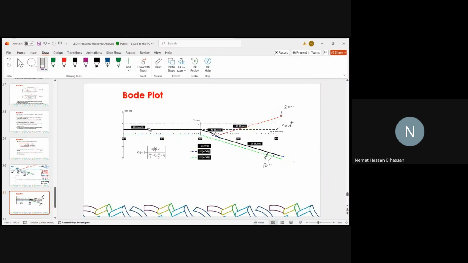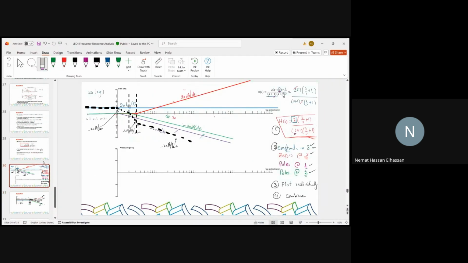Now we can also see how the phase shift with respect to frequency changes. And to do that, we'll do the exact same series of steps, but we have slightly different rules for phase. So for gain, we said that we just identify the break frequency, and then if it's a 0, we increase.